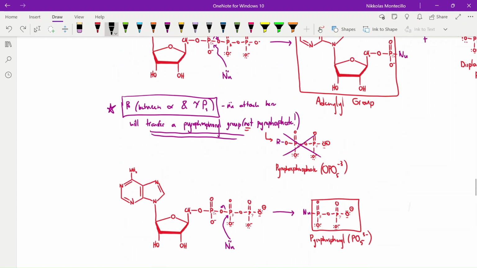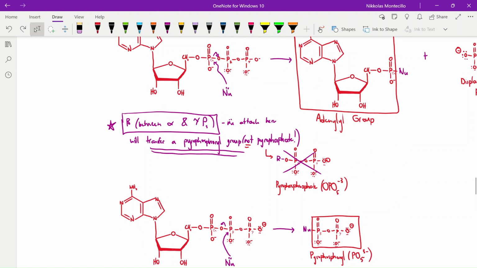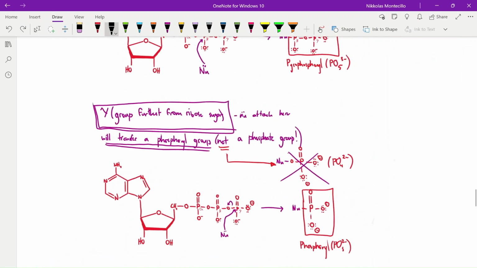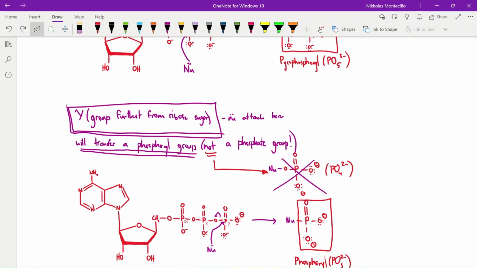This may be important to discern because I'm pretty sure that I myself also made the mistake of transferring the entire pyrophosphate group, when in reality this isn't actually correct. It's just this part that is covalently attached to the nucleophile, not the pyrophosphate, not the extra oxygen atom shown here. And then there's the gamma group, which is the furthest from the ribose sugar. Now this will transfer a phosphoryl group, not a phosphate. Okay.